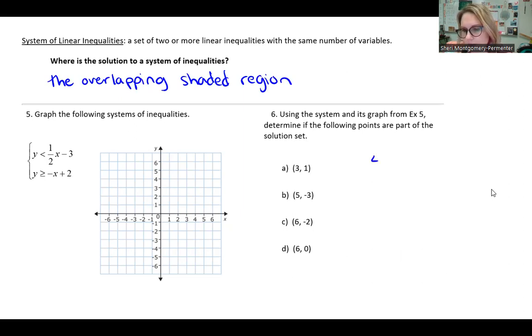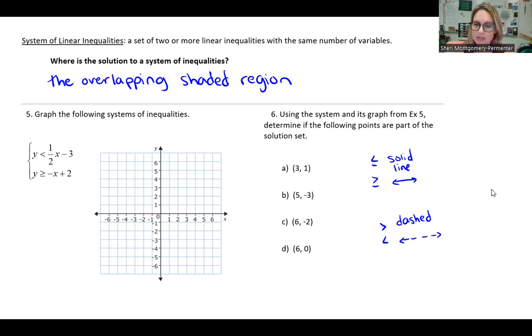So when we have something underneath our inequality signs, those are going to be solid lines. We're going to graph a line and it will look like that, a solid line. If we have nothing underneath, then you will have a dashed line. It'll be dashed like that. So you either have a solid or a dashed line.